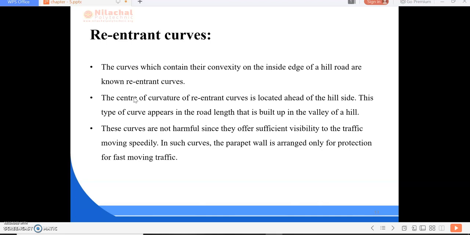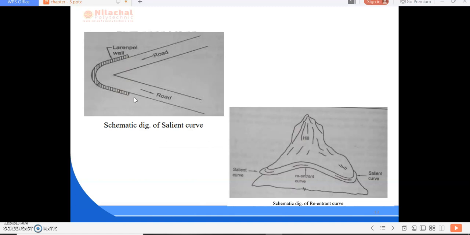And also this is suitable for fast moving traffic. In such curves, the parapet wall is arranged only for protection of fast moving traffic. Okay, not necessary. So here we can see this is the re-entrant bend or re-entrant curve.